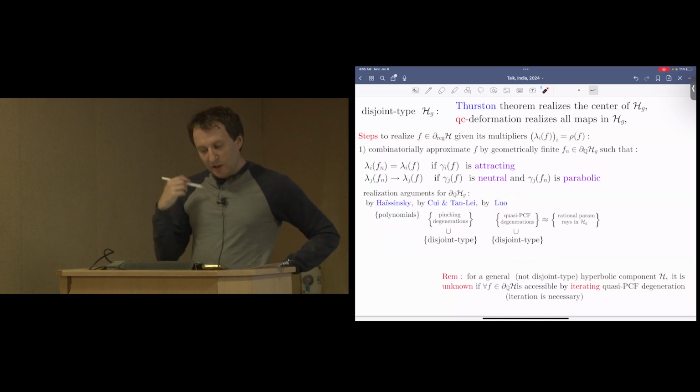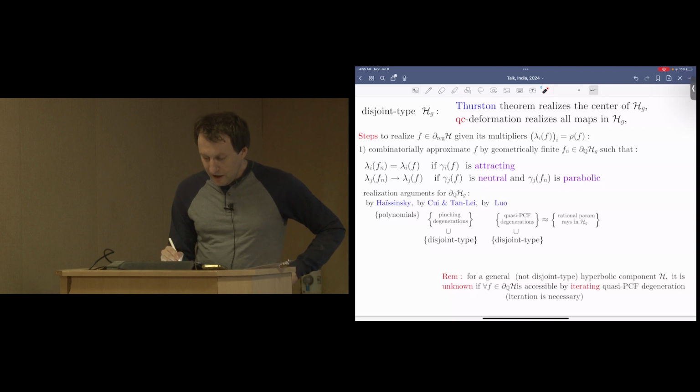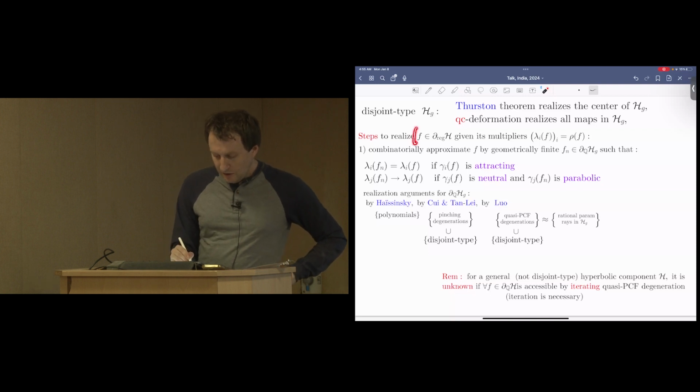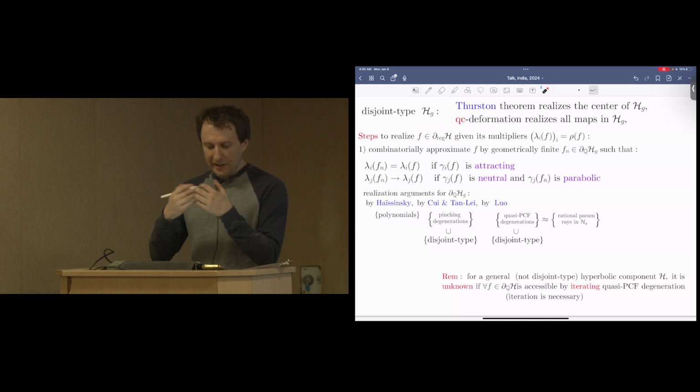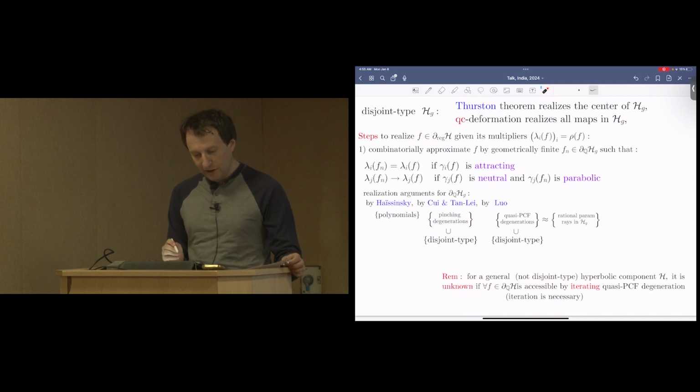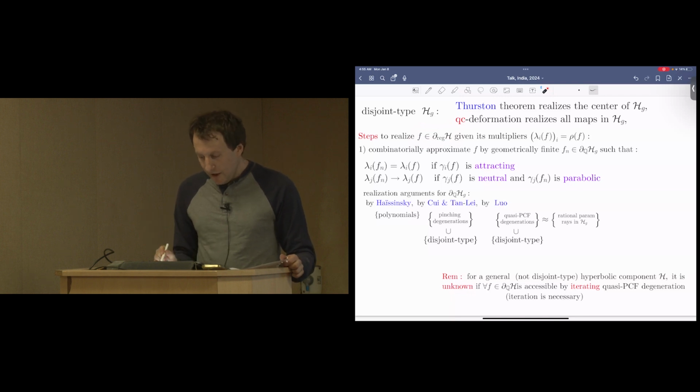So in particular, it means that we can suppose we have a map F on the regular boundary that we want to realize. We know for combinatorial reasons that it is realizable, and we can try to realize it properly. So what we can do, we can first approximate it combinatorially by geometrically finite maps.